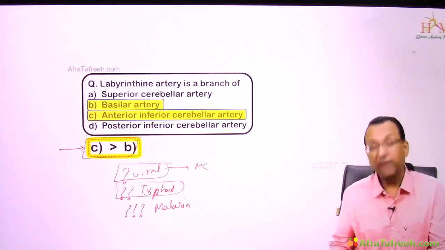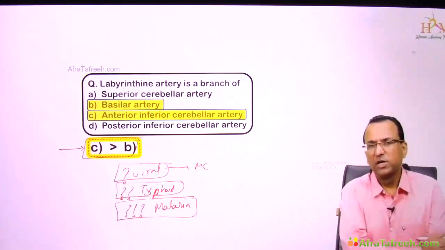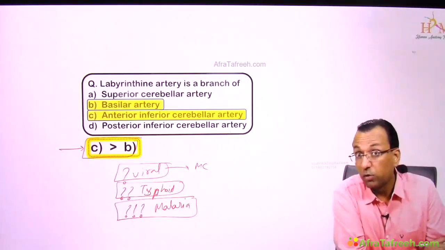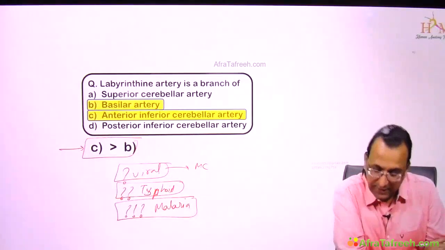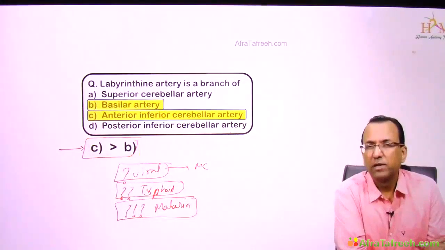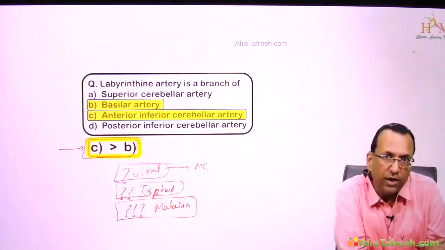Double query, typhoid. Triple query, malaria, less common. So most appropriate is viral fever, though it could be typhoid. Similarly, the answer is C. Actually, both are correct, but the examiner is trying to find out whether you know your differential diagnosis or not.